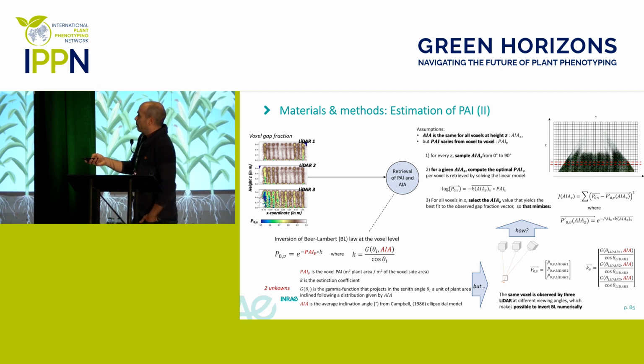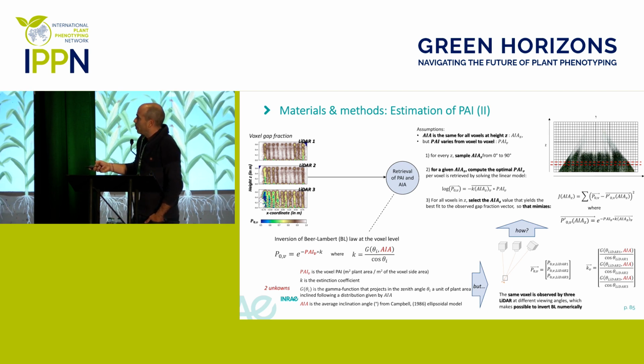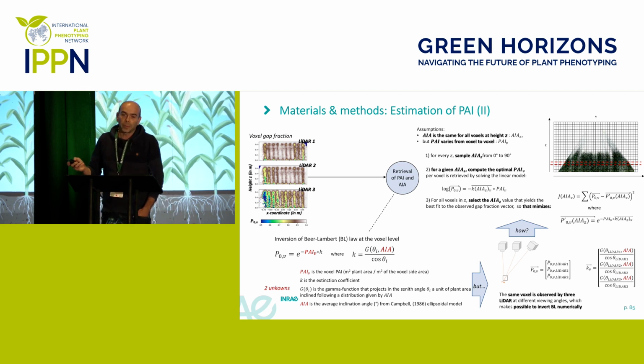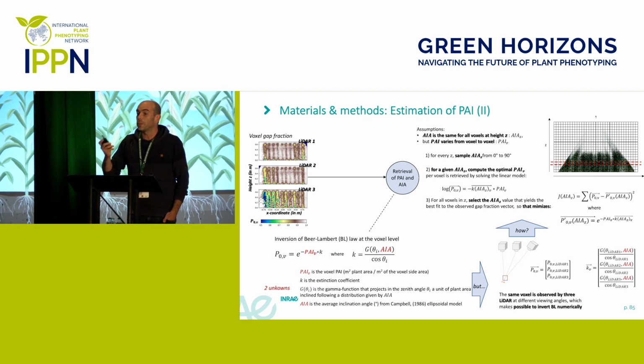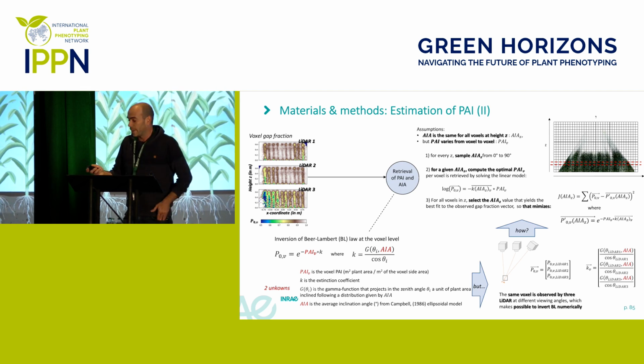The problem with the Beer-Lambert law is that you have two unknowns: the plant area index, but also leaf inclination. When you have only one observation of the gap fraction, you need to make some hypothesis on how the leaves are inclined in order to derive plant area index.